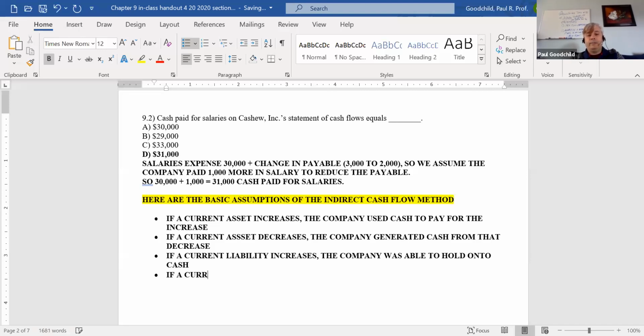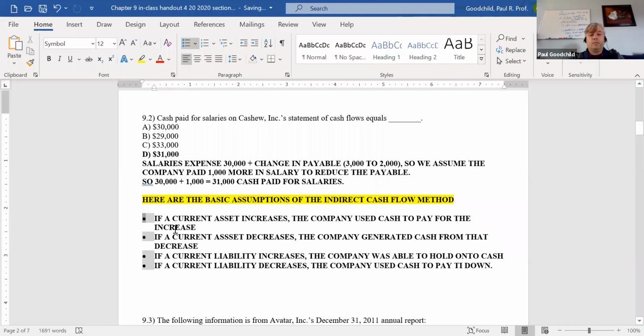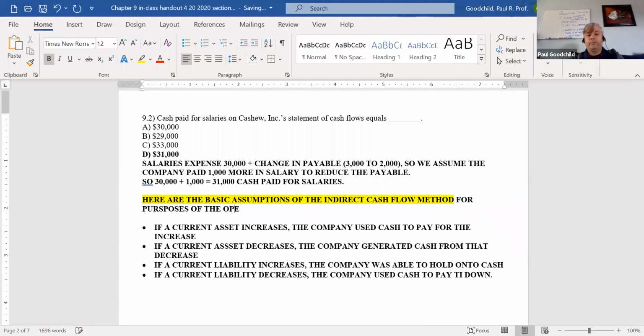If a current liability decreases, the company used cash to pay it down. Any questions there about the basic rules?